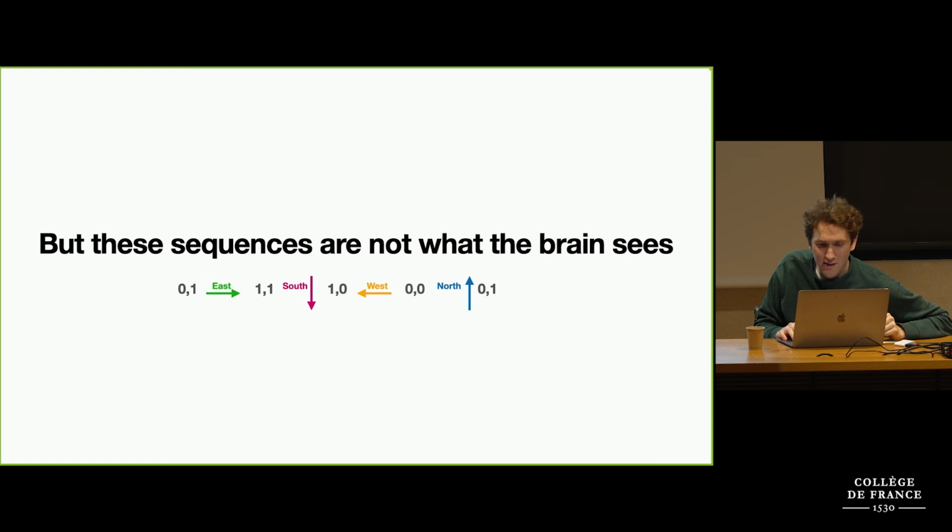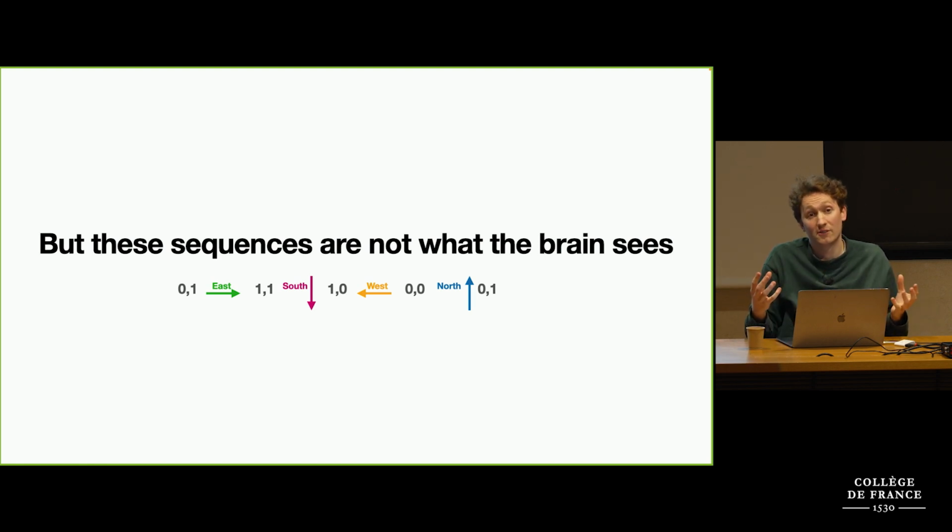But I want to just say that these sequences, where you start at 0, 1, go east to 1, 1, are nothing like what you and I experience in our lives. There's no one veridically telling us you are at this location, and now you're at this location, and so on.